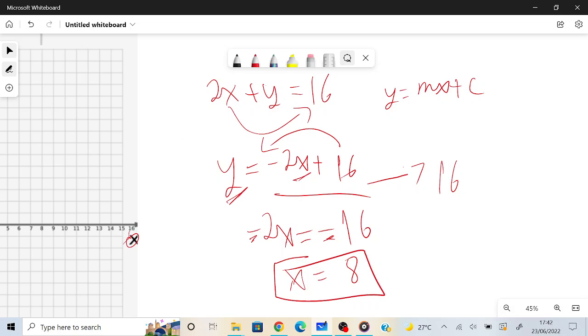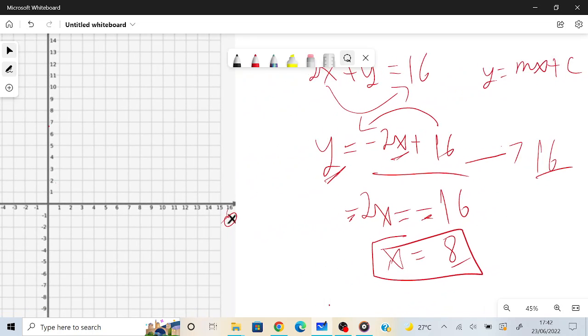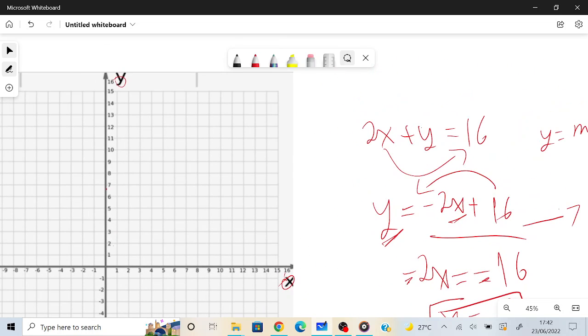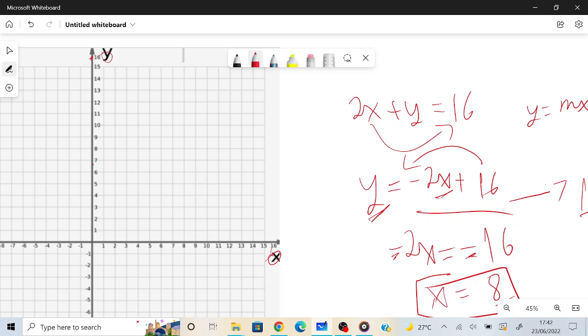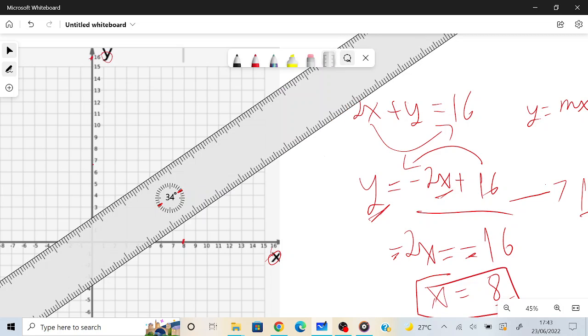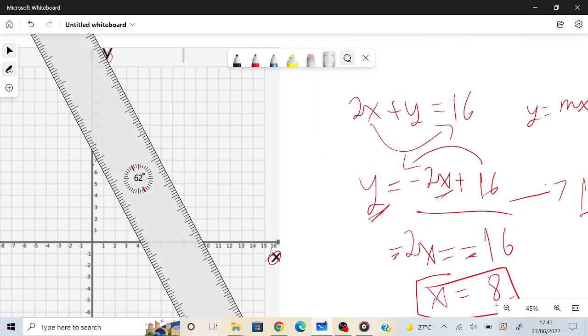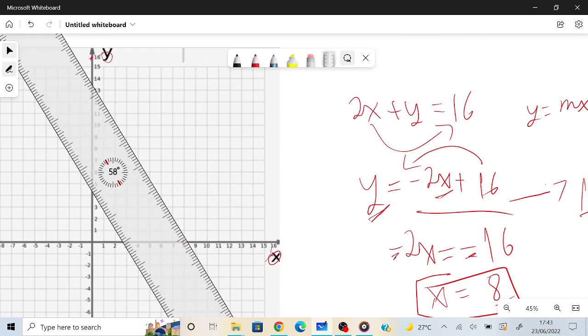So again, you have your two coordinates, that is 16 and 8. So doing the needful, you would have 16, which is somewhere out of the graph. In this case, you would be given a better graph here. 16 is somewhere there, and 8 is somewhere here. Yep, and connecting the two, it would be something like this.